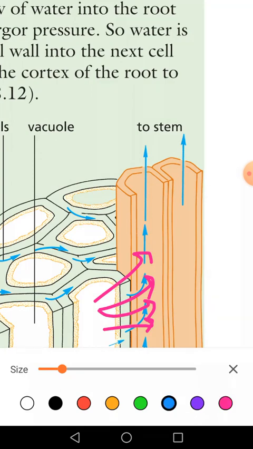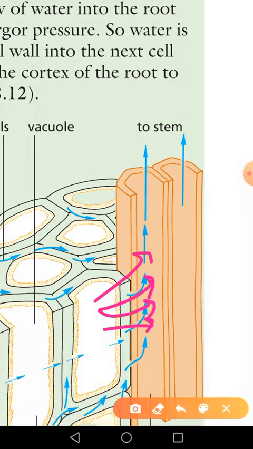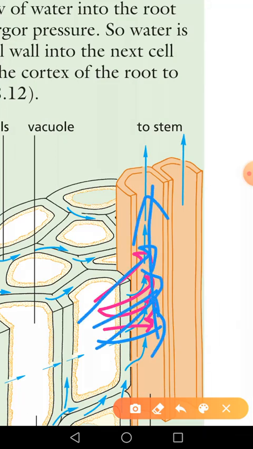Since the water potential in the xylem has decreased, water now moves from the cortex cell to the xylem, and from there it moves in an upward direction.